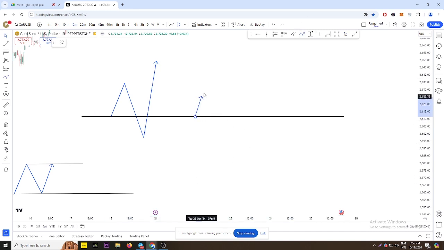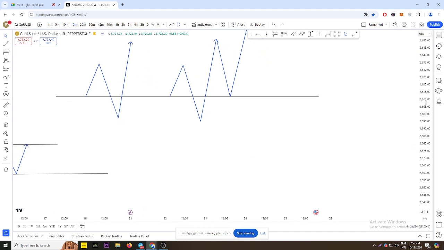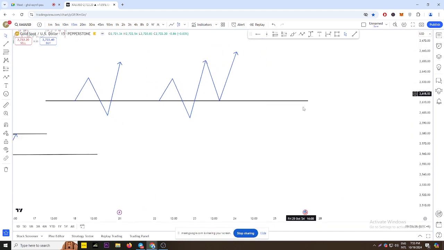It will create a low and it will create a high. Then the low will be taken and the high will be taken. Whenever the market comes back to this original low, we call it a QM buy. Clear? The same process we are going to follow as a QM sell.